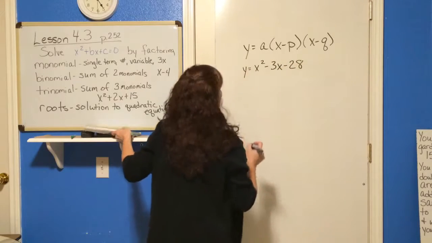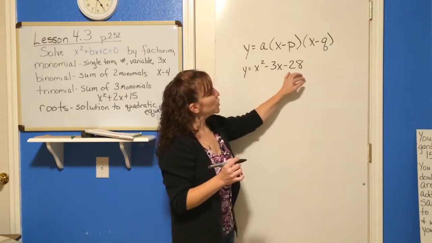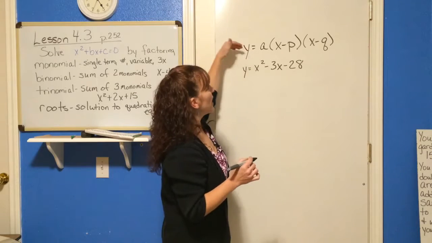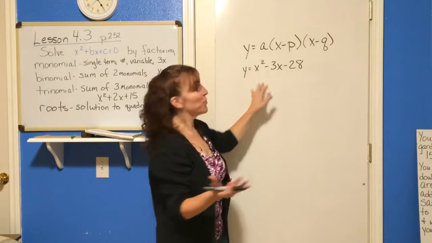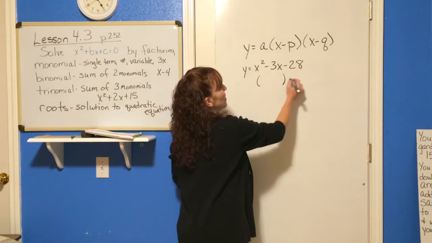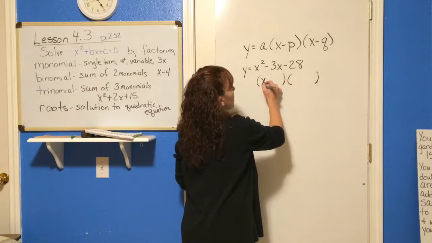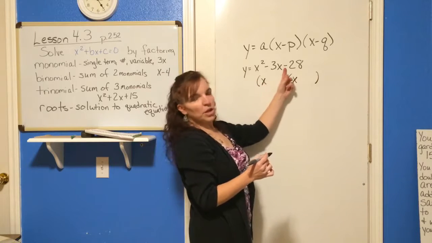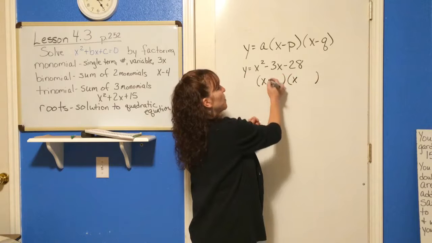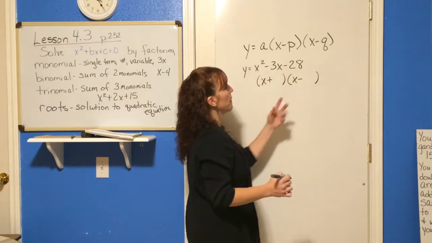In order to put a standard form into your intercept form, you're simply going to factor, just like you did before. So x times x is x squared. Your negative means that you're going to have one positive and one negative.